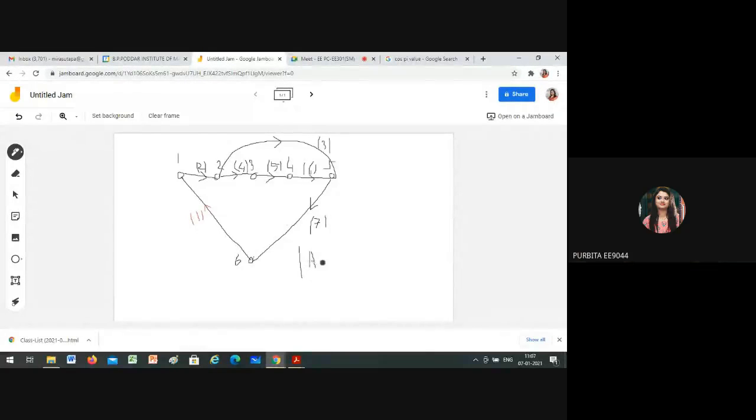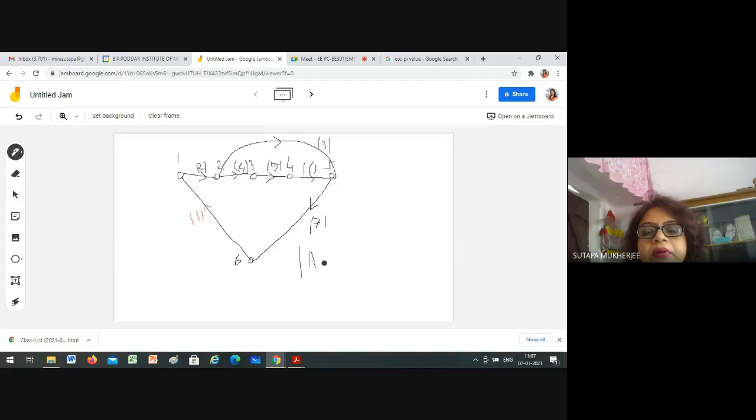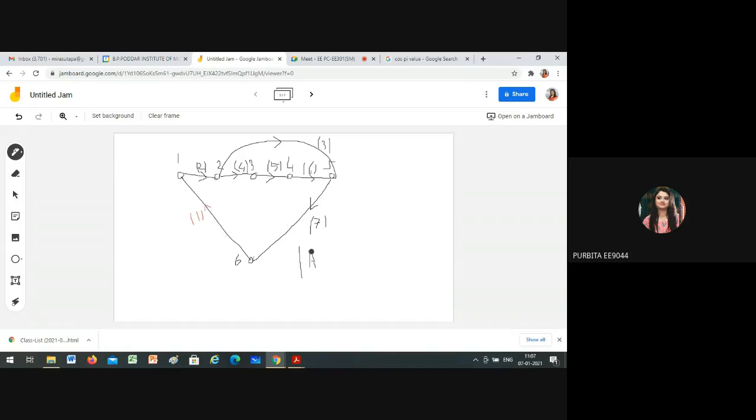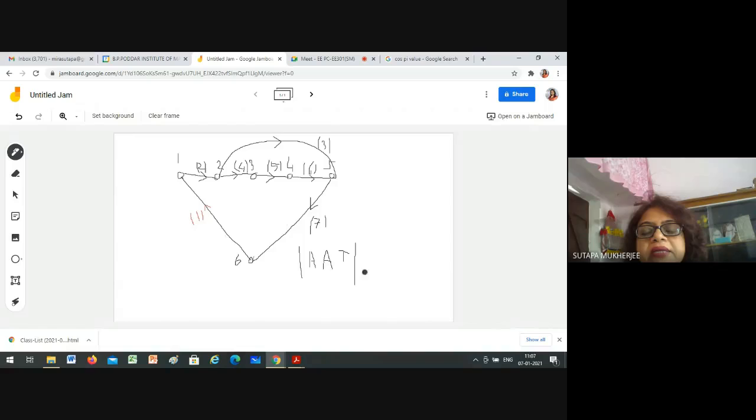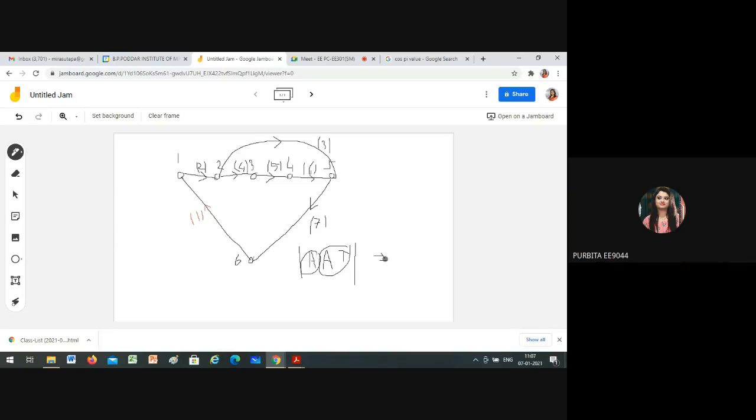So if A is the reduced incidence matrix and A transpose is this, then the determinant of their multiplication will give the number of trees.